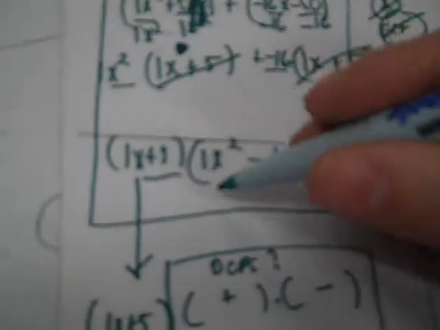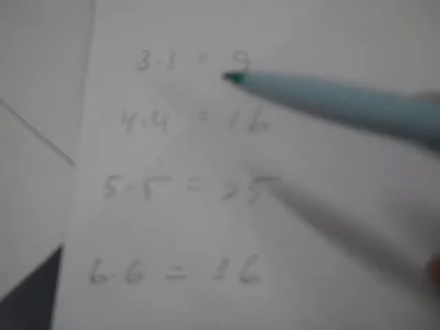Now DOPS, remember how to do DOPS, okay? Do we have x to the second within that parenthesis, that second one? Yup. Is the second number negative? Yup, it is. Are the numbers 1 and 16 perfect? 1 is 1 times 1. And 16 is perfect because 16 is 4 times 4.